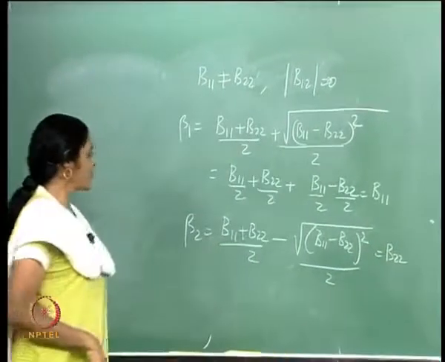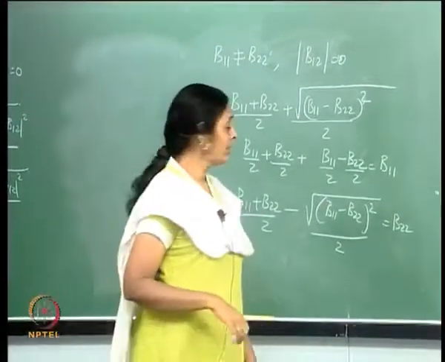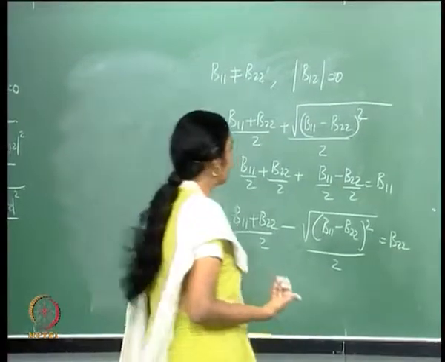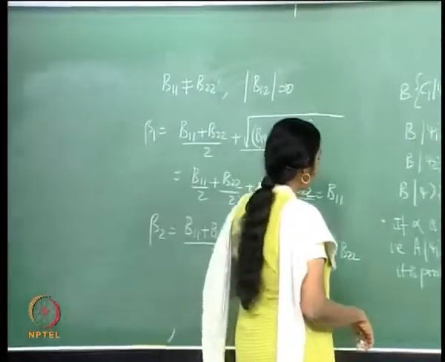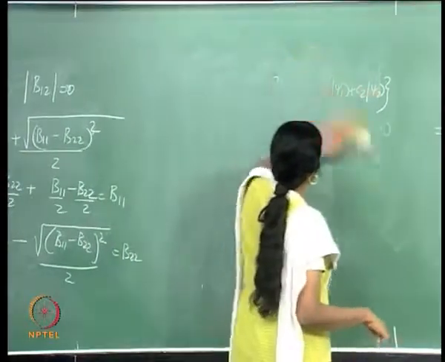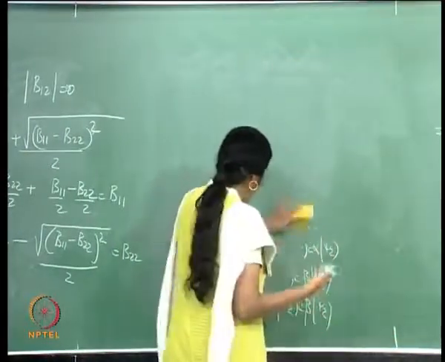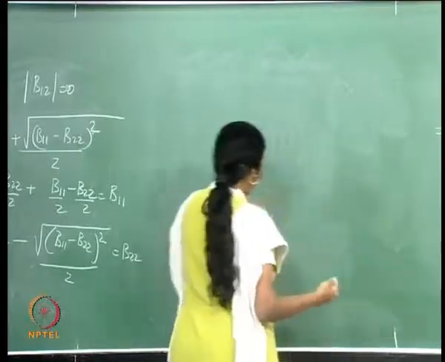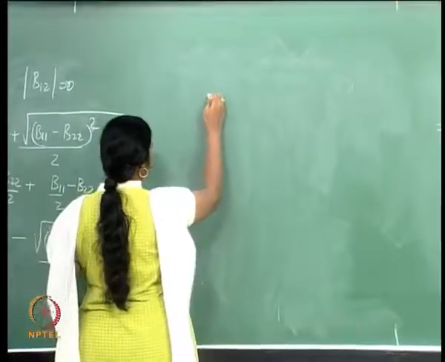So I have two roots, beta 1 is equal to B11 and beta 2 is equal to B22. What does that mean? It means the following, that there are two eigenvalues.